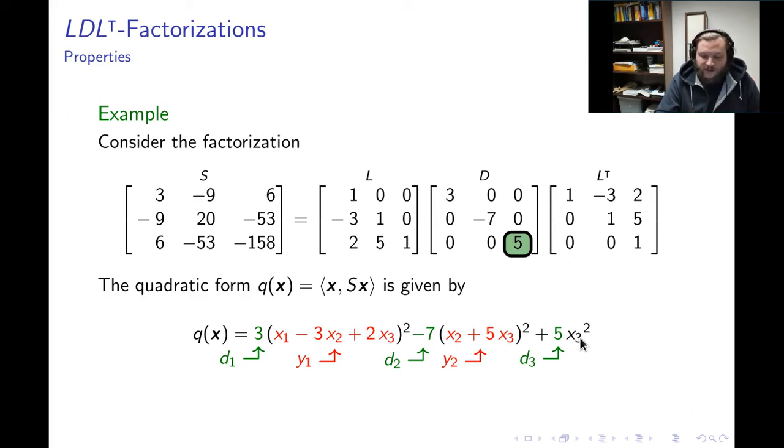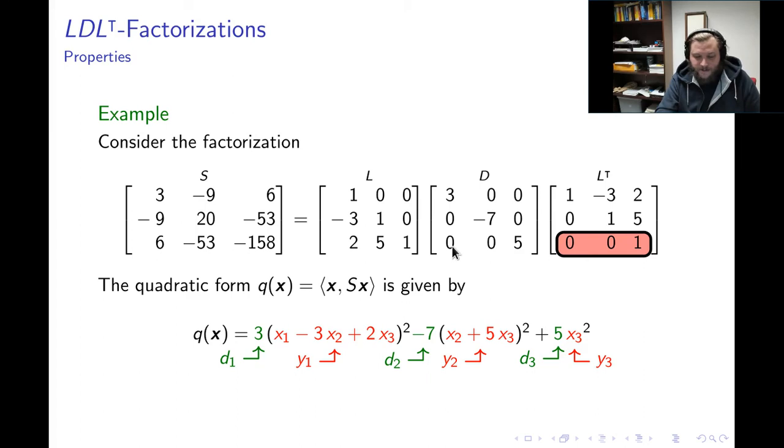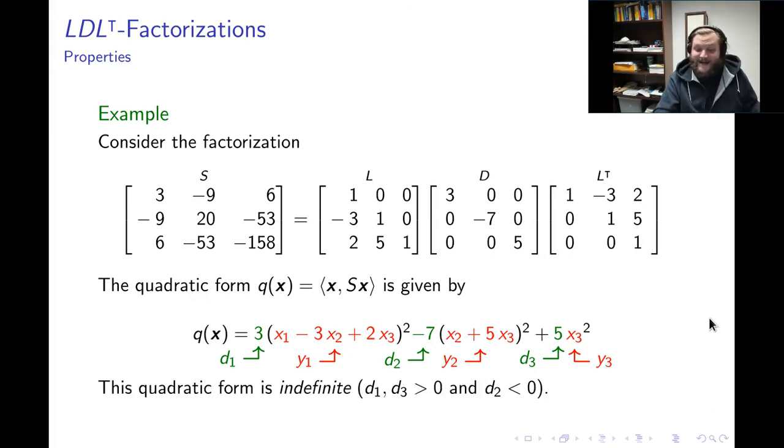What is y3 equal to? It should just be equal to x3, so now I get x3 squared. So I have a nice way of presenting this quadratic form as a linear combination of squares. And what I see in my coefficients is a mixture of positive and negative numbers. So that tells me that the definiteness of this quadratic form is indefinite.